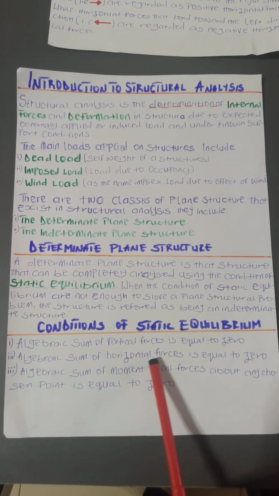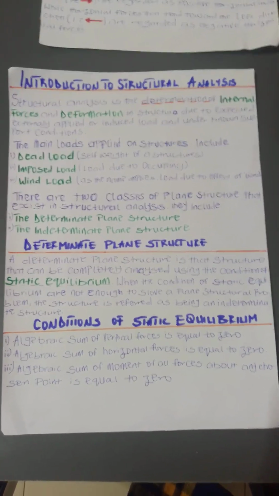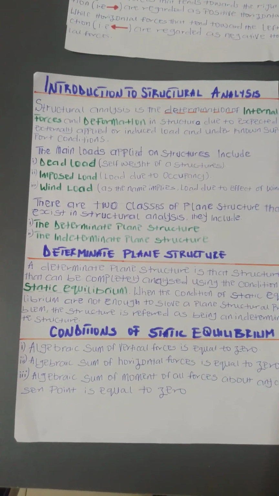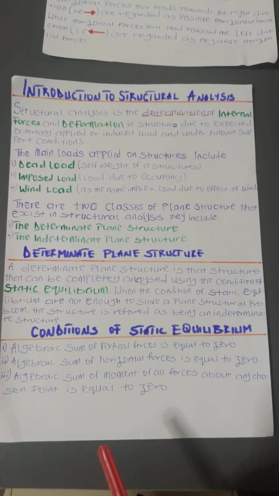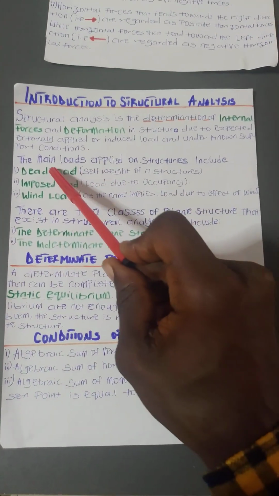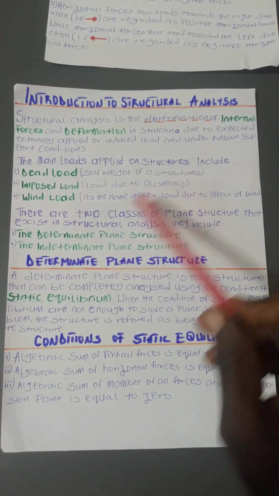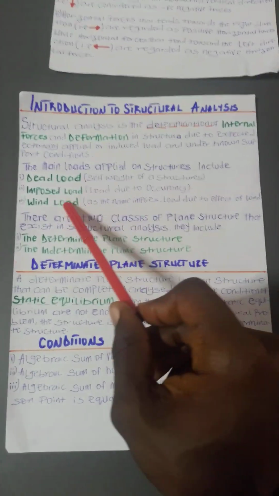Two, the algebraic sum of horizontal forces is equal to 0. So similar to vertical forces, all the horizontal forces acting on the structure must be equal to 0. And in the main loads applied on structures, these horizontal forces can be classified as wind load.